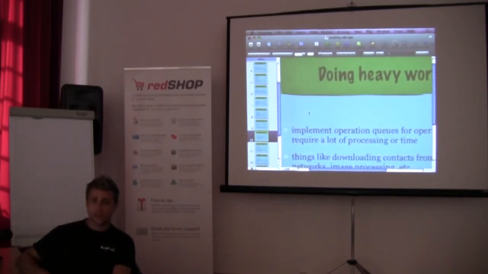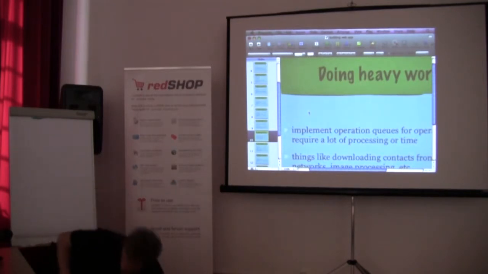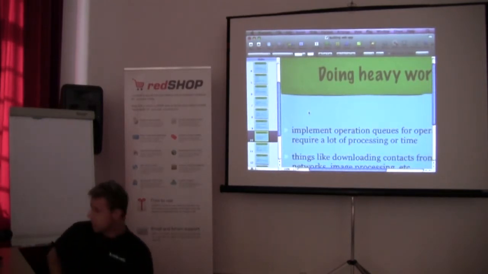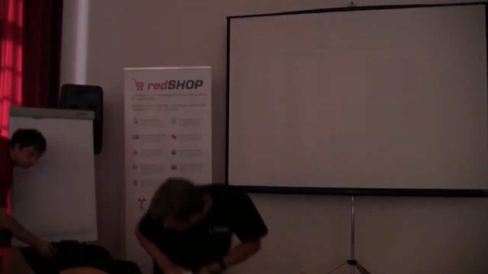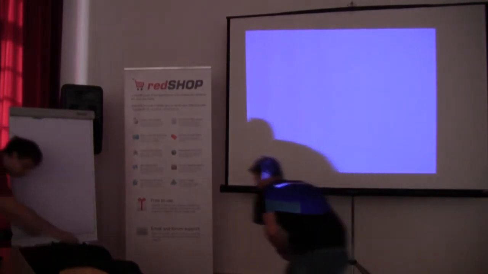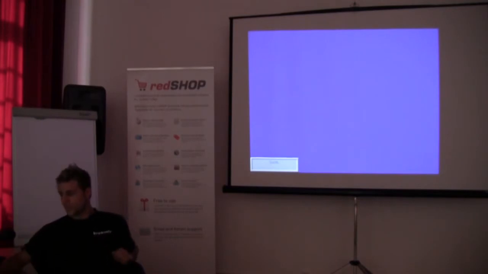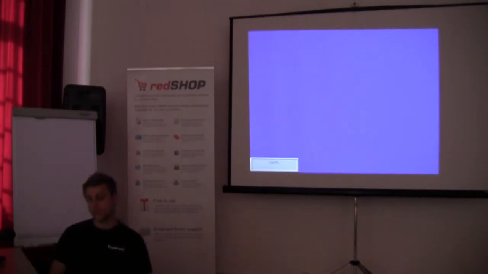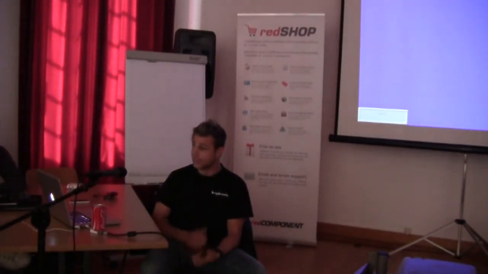Yeah, there can be some heavy work, like queues. About queues: if you have operation queues, for example if you are crawling something from APIs, like content or stuff like that, depending on what you are getting, it can take time.